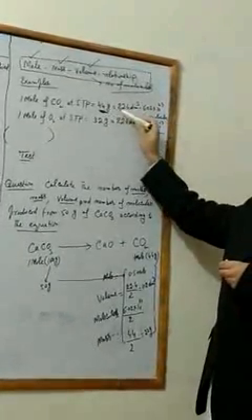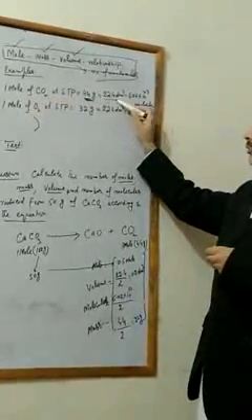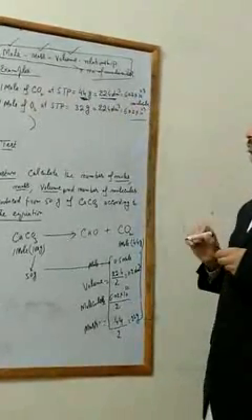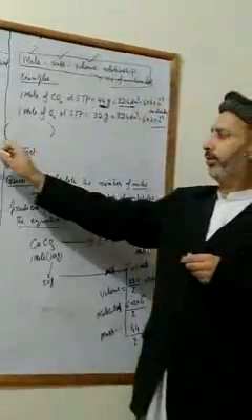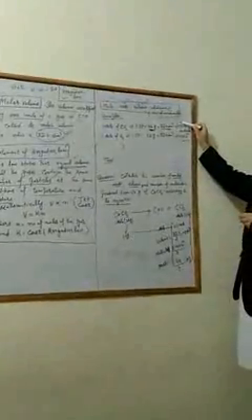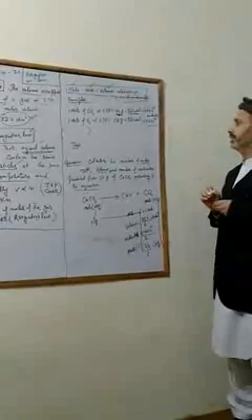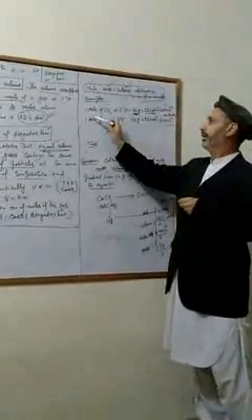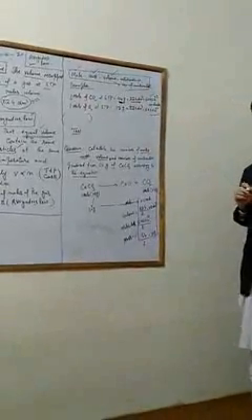This 44 grams is equal to 1 mole and its volume is 22.4 dm cube. Now, according to this Avogadro law, it may contain equal number of particles, that is 6.02 into 10 raised to the power 23, which is Avogadro number. Because we have taken 1 mole, so 1 mole may contain this number of particles.